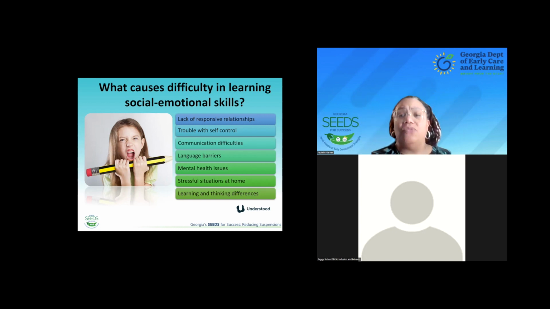Although these barriers may impact a child's ability to tune into the social and emotional learning that is happening around them, they are capable of learning these skills through intentional, systematic, and direct instruction that takes into consideration their needs, their temperament, and their learning styles.